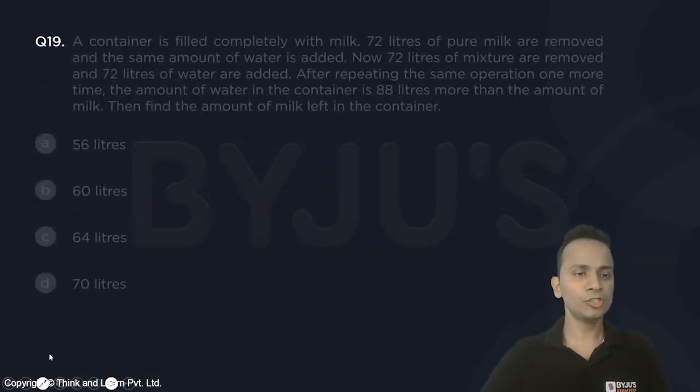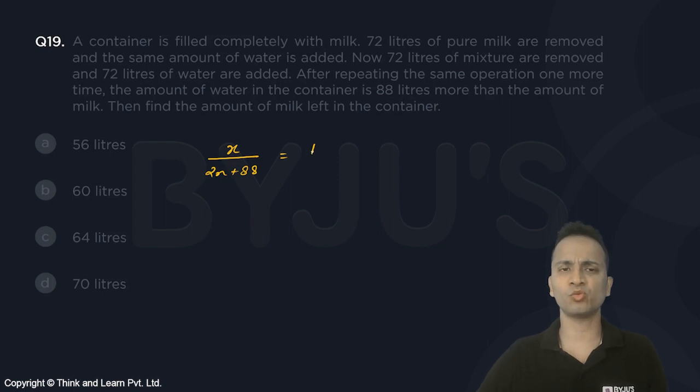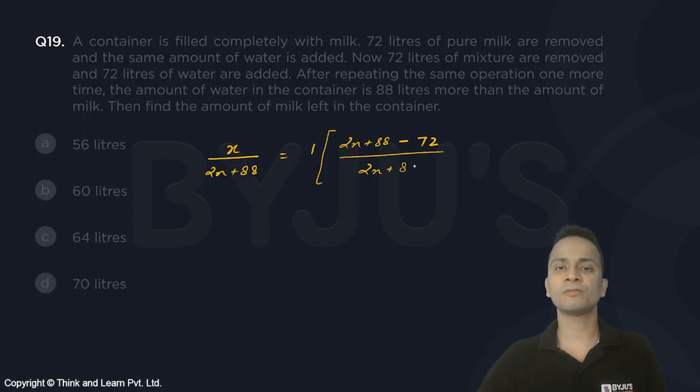So final fraction of milk, x upon 2x plus 88, is equal to initial fraction of milk, which is 1, bracket, total solution 2x plus 88 minus the portion which is removed, divided by total solution, raised to the power number of times the step is repeated, that is 3.